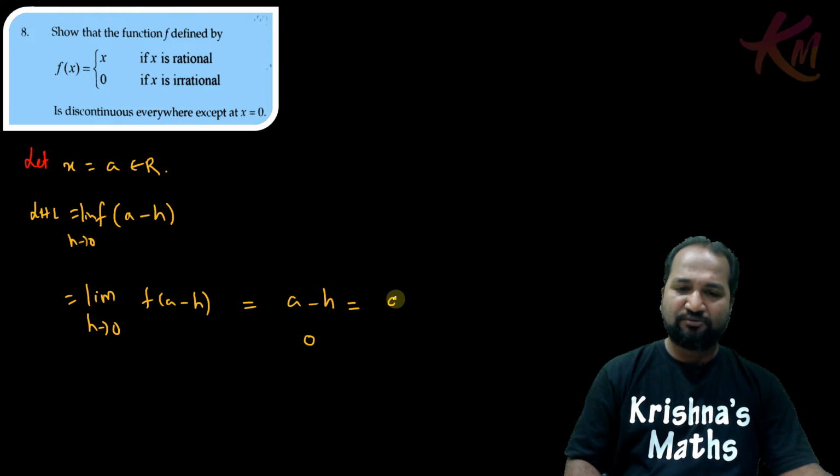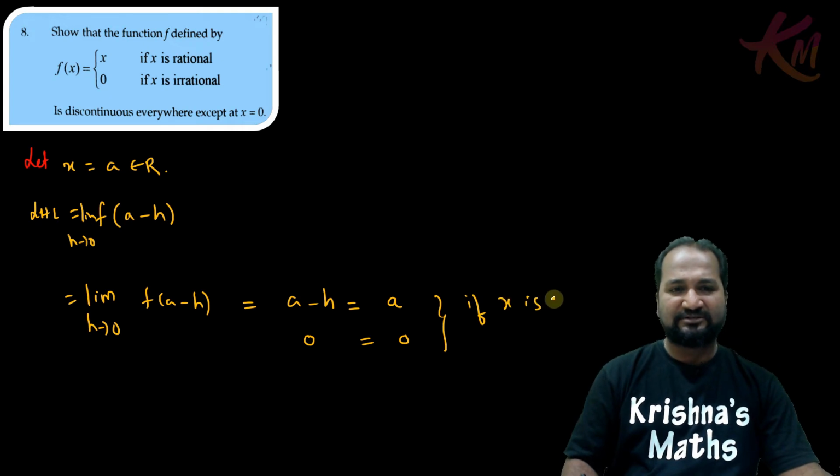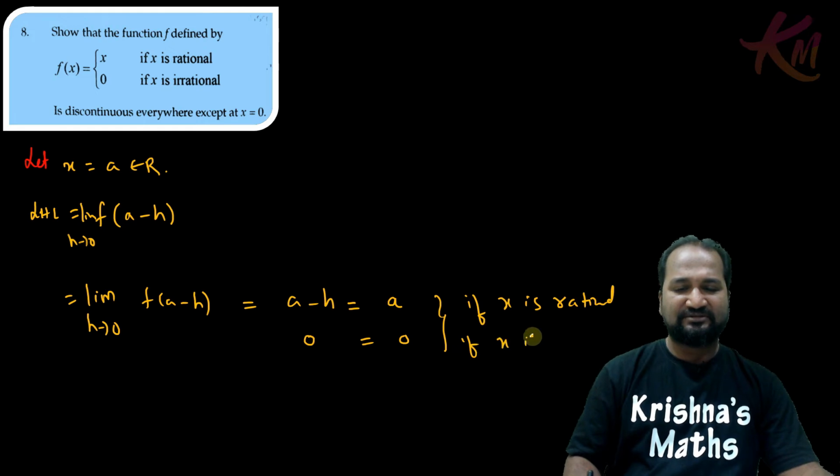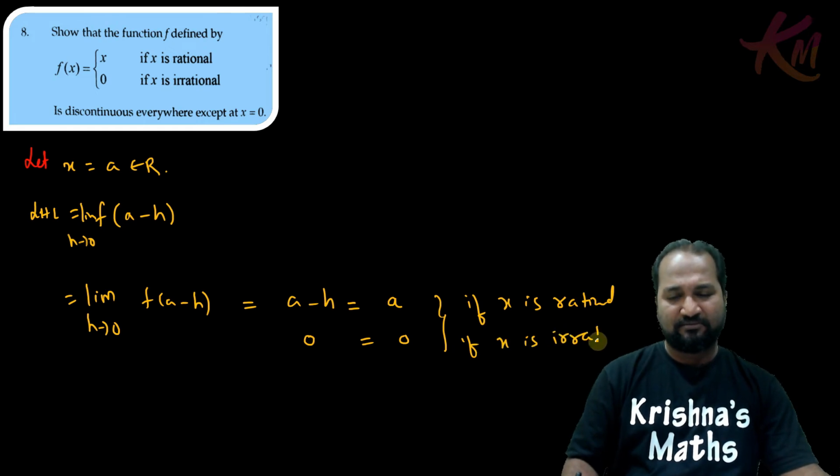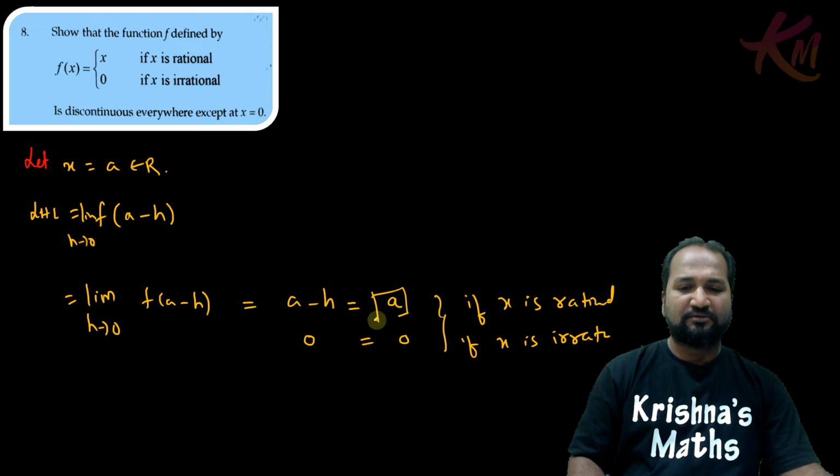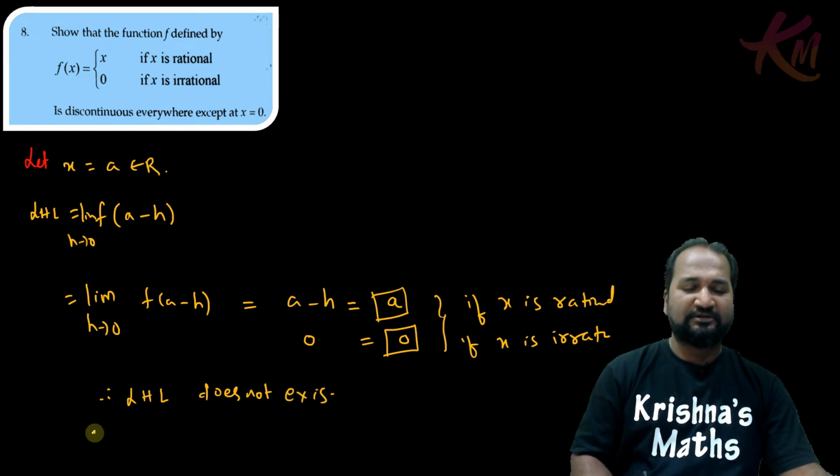A minus h will be equal to a since h is equal to 0, or 0. This is if x is rational and this is if x is irrational. So this is a and this is 0. So they do not exist. Therefore, LHL does not exist. Hence, f of x is discontinuous.